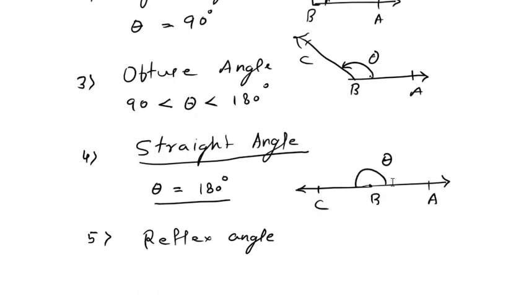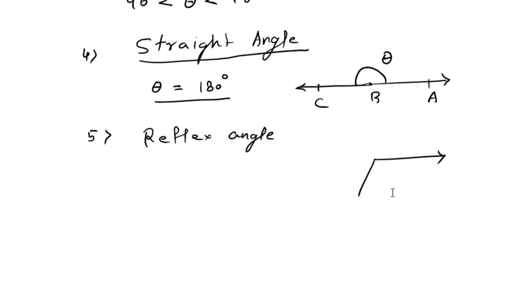Now reflex angle is something like this, okay. Now here with ray OA and OB, we get two angles. One angle is this, which is less than 180 degree, and at the same time we will get one angle which is this, which is greater than 180 degree.